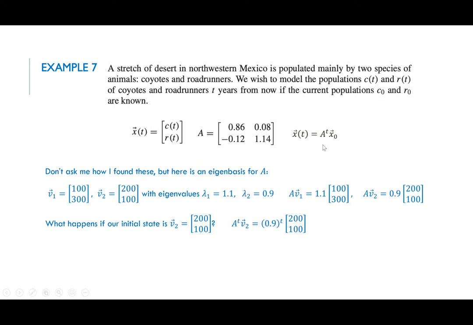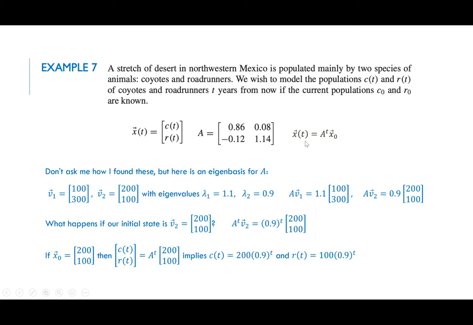Looking at this equation and knowing that x(t) is C(t) and R(t), we get the closed forms: the number of coyotes is 200 times 0.9 to the t, and the number of roadrunners at time t is 100 times 0.9 to the t. In this case, both populations are decreasing by 10% each year, so this is not a happy ratio for the populations.